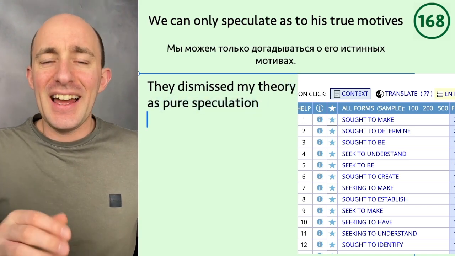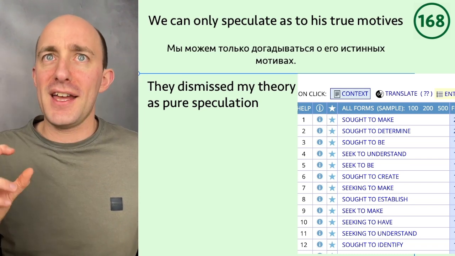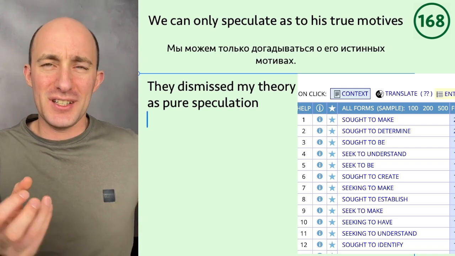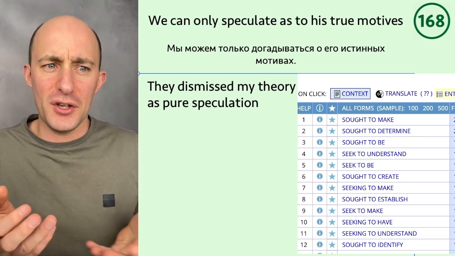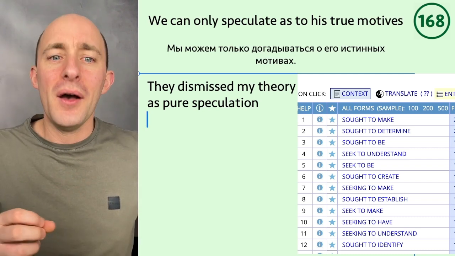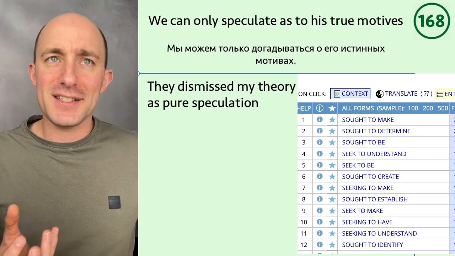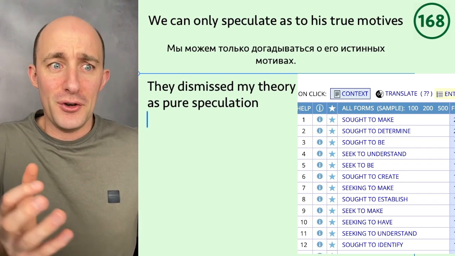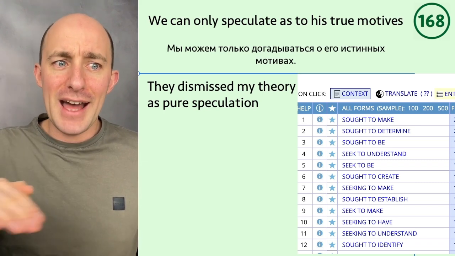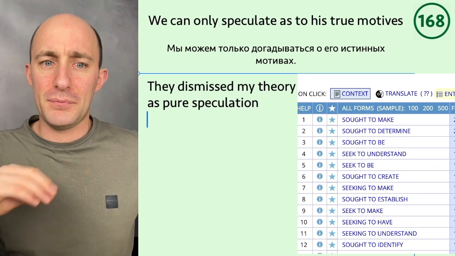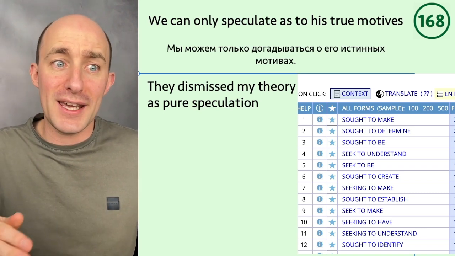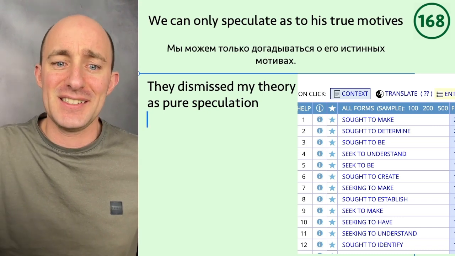So, I think it's a little bit different to the way speculation is used in Russian to talk about finance. In the Soviet Union, it was very bad, I think, to be a speculator or something like that. Here, speculate is when you give your ideas, but they're not based on anything. So speculation has no foundations. Pure speculation. No foundations whatsoever. We can only speculate because we know nothing. Speculate.